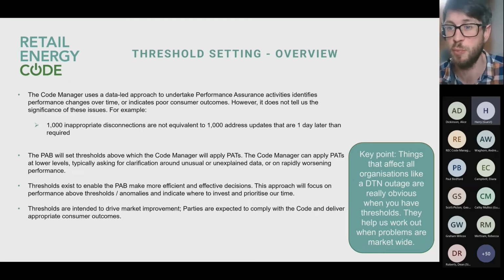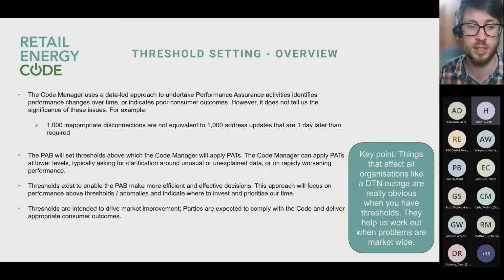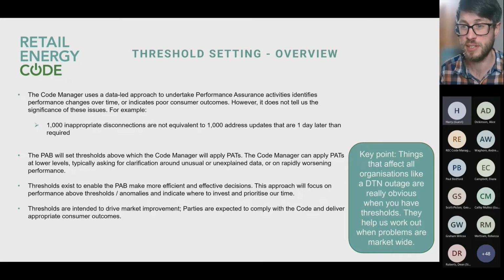The example I keep giving for this is, inappropriately disconnecting 1,000 vulnerable customers would be a massive concern. It's not the same as 1,000 address updates that are 1 day late, but if you just look at the raw numbers, they're both 1,000. So because of this, we need some way to differentiate between these.